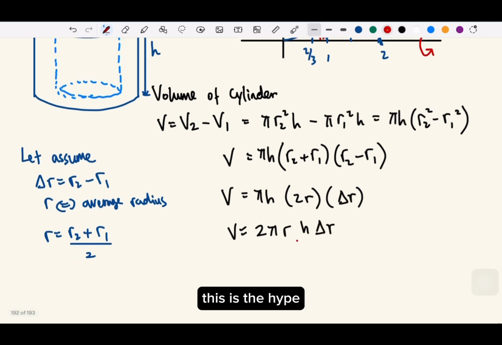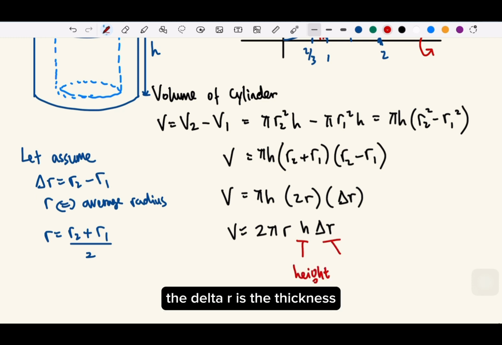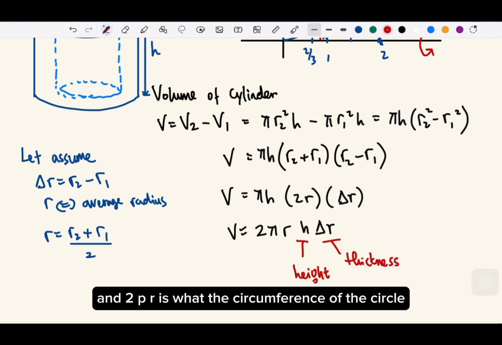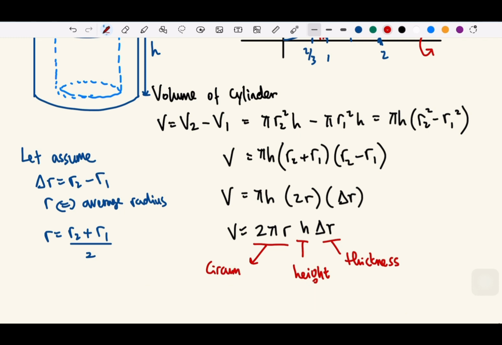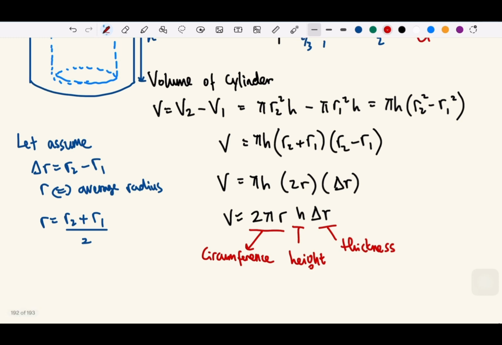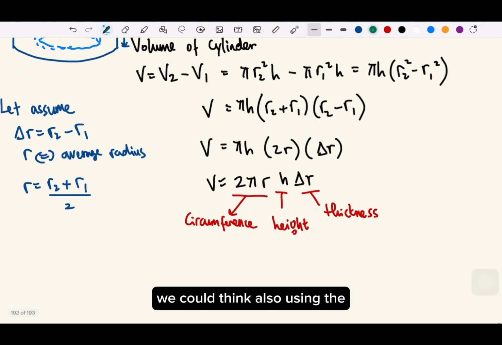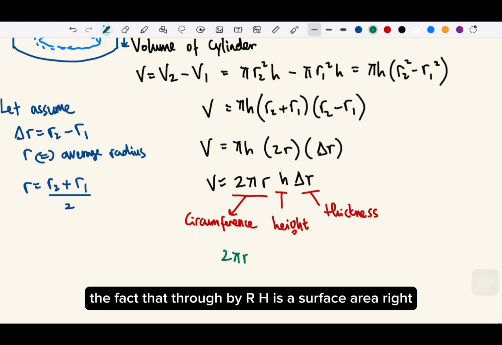This is the height. The delta R is the thickness. And 2 pi R is what? The circumference, right, of the circle. Okay. We could think also using the fact that 2 pi r h is a surface area, right?